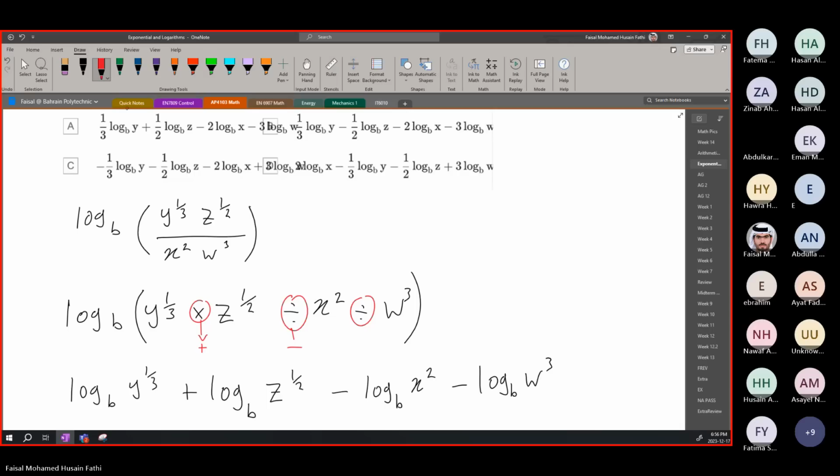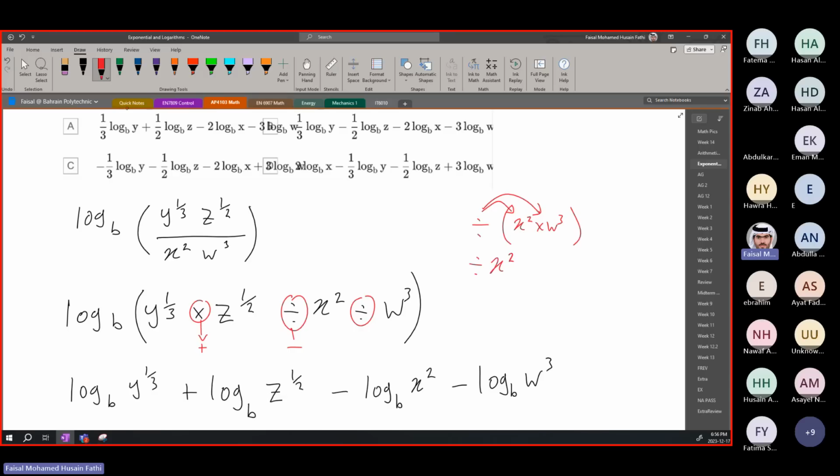If you follow PEMDAS, this is what we're doing. We're just going in order. If you want them to be multiplied, you have to put them in between brackets. So x squared times w cubed, and division here. Division in distribution acts the same way as negative. If you distribute this, negative times positive, where division times multiplication is division.